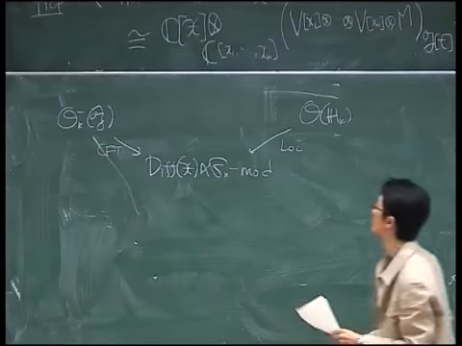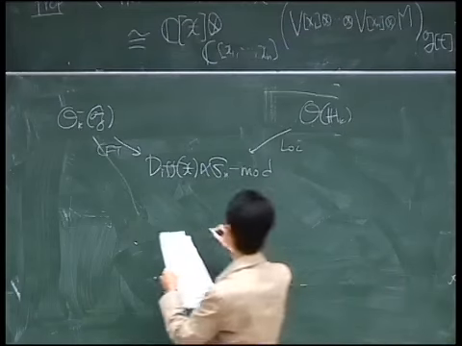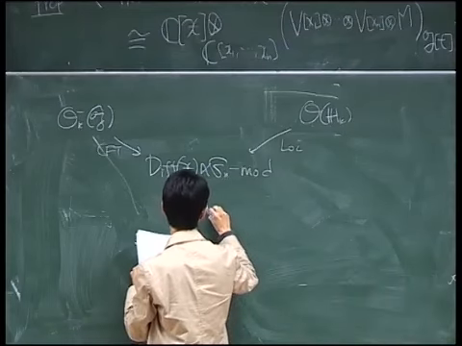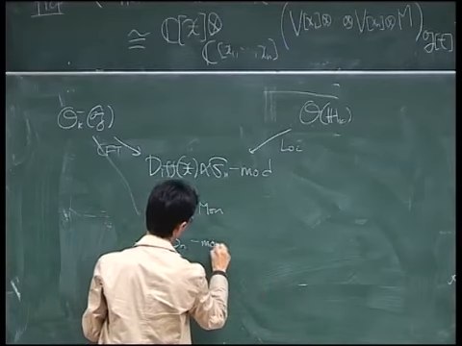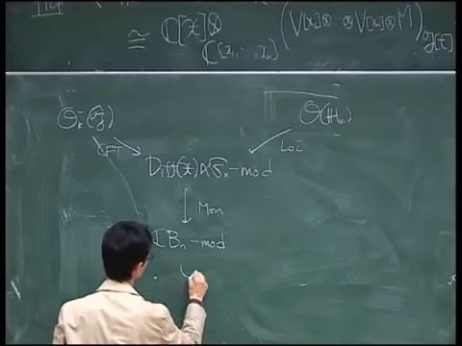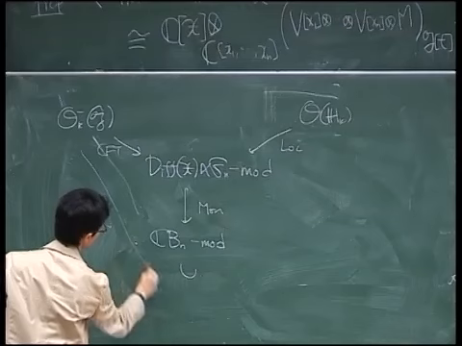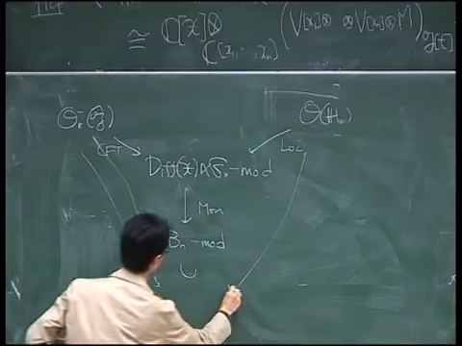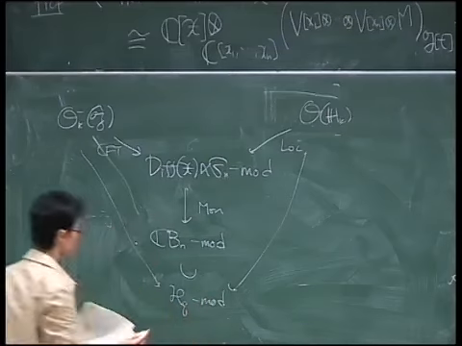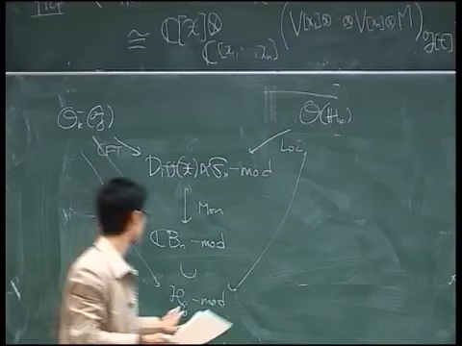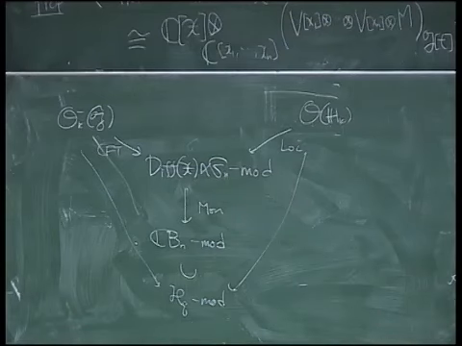A priori this is a functor in this category, but actually the image of the composition goes inside the full subcategory of Hecke algebra modules.